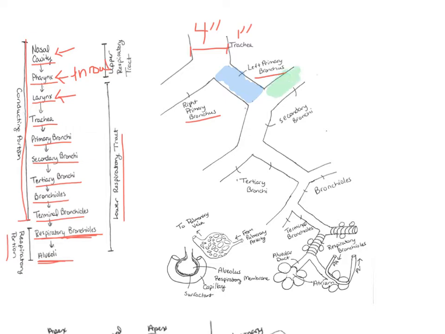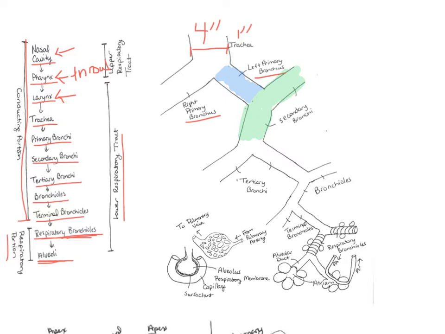So we have 2 secondary bronchi in the left lung, and we're going to have 3 secondary bronchi in the right lung. Does anyone know why? It's the lobes, right. So each of those bronchi are going to go into a lobe, and so the left lung has 2 lobes, and the right lung has 3 lobes.